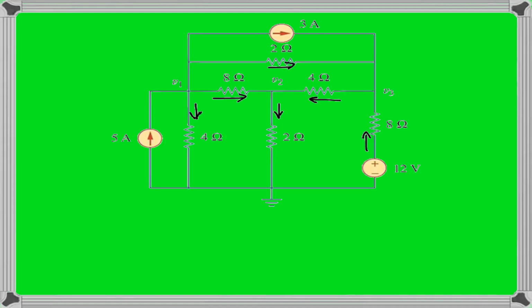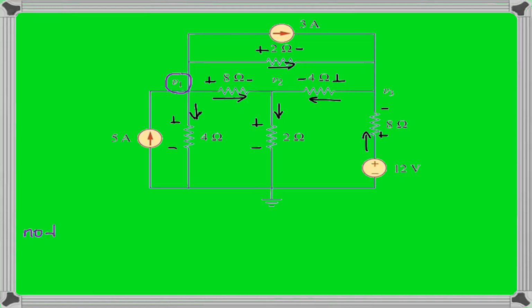The polarities are basically just plus and minus, high and low potential, and because the current flows from high to low potential, you put plus and minus across each resistor, following the current direction, then again plus and minus, plus and minus, and the last one is plus and minus. So we are ready to start writing the equations, and we'll start with node 1, V1.